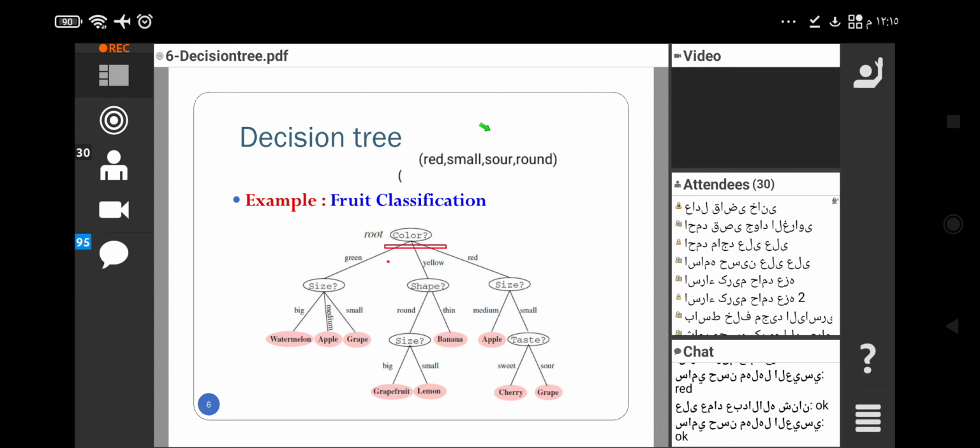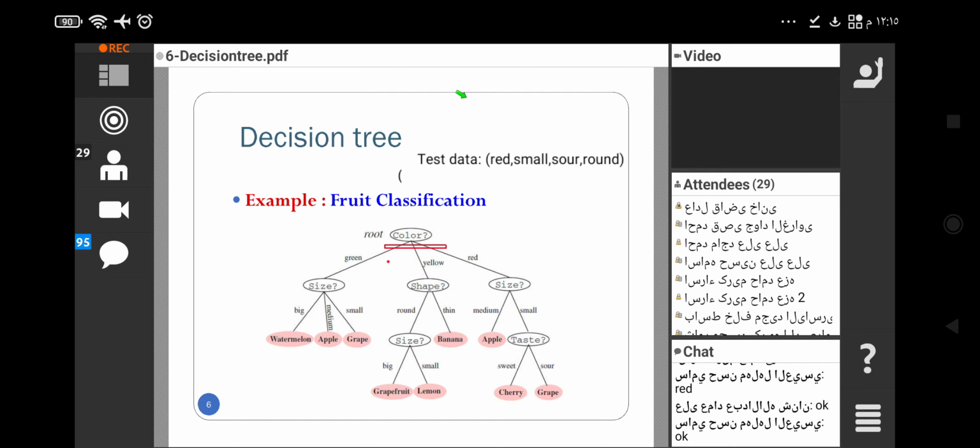You remember that in the classification we have two phases. The first phase is the training phase. In the training phase for the decision tree, we have built this tree using the training data. We will talk about this later in the next slides.